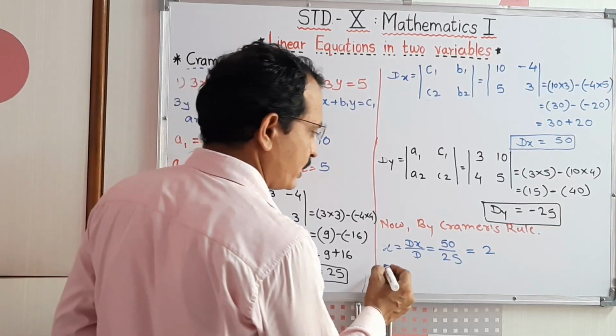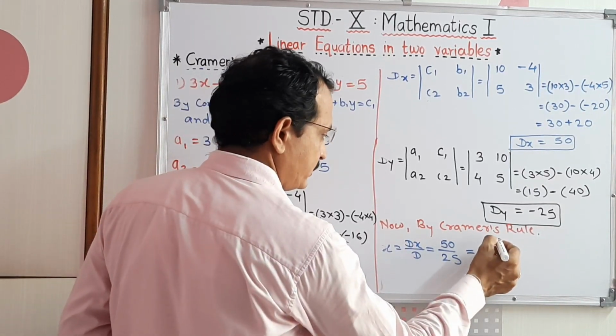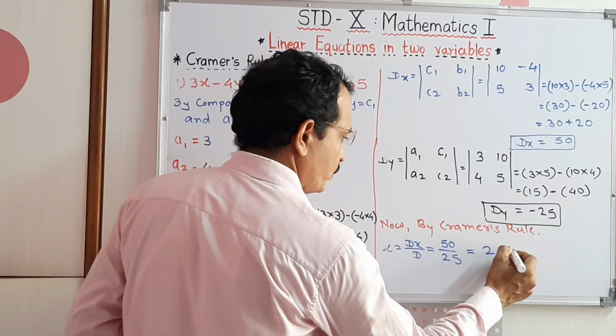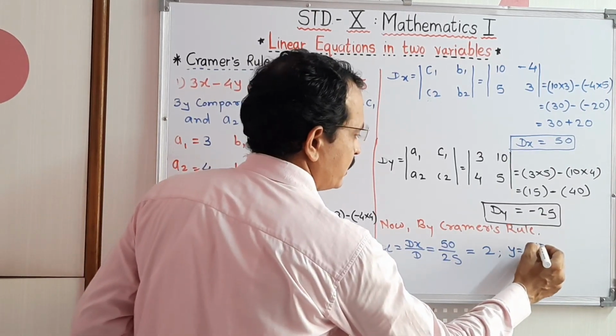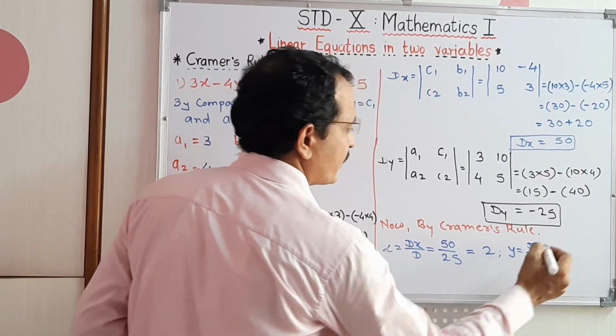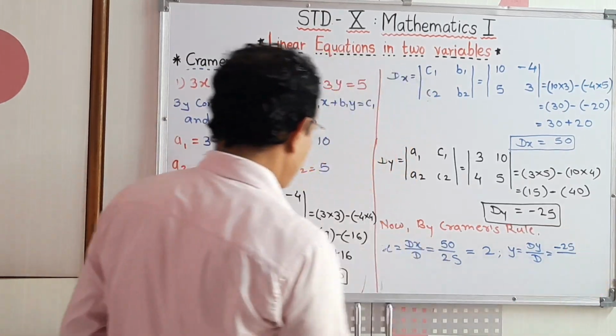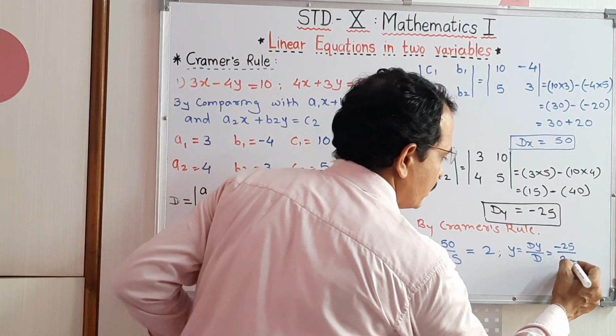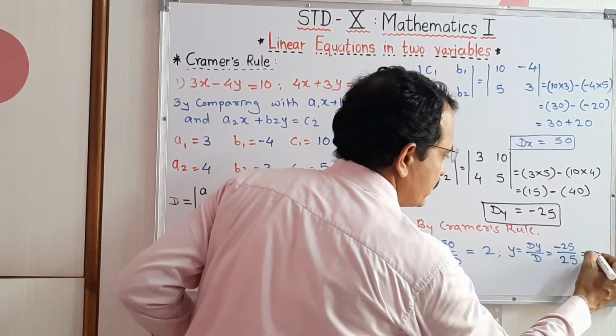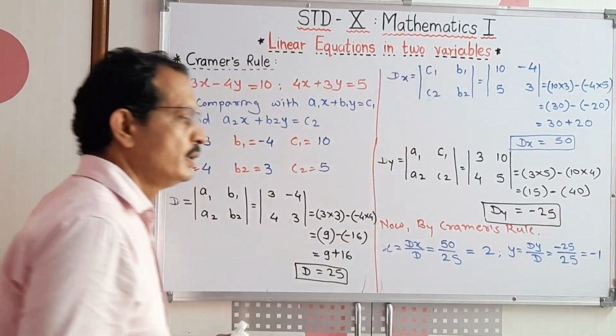Similarly, we have to find out the y. Now, y is equal to Dy upon D. Dy is minus 25 and D is 25. We get here the value of y is equal to minus 1.